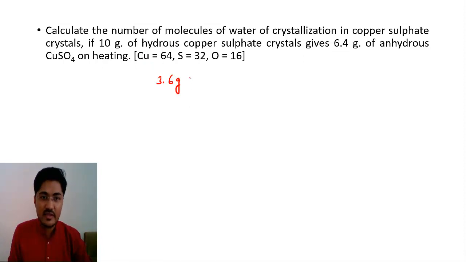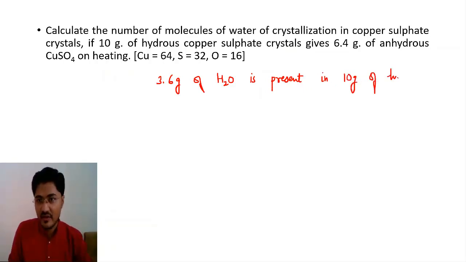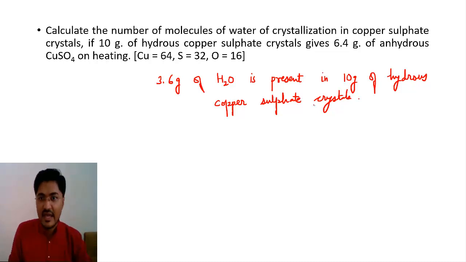That is, 3.6 grams of H2O is present in 10 grams of hydrous copper sulphate crystals. And how did we derive this? That's simple. 10 grams was given, from which after heating we only got 6.4. So the simple subtraction will give you the answer.